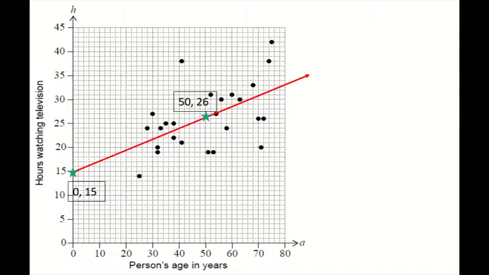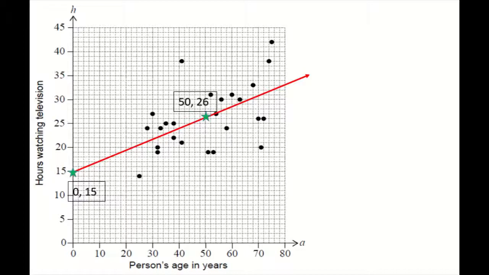It means we find the hours is 15 hours. It means, according to the regression line, a baby is expected to watch television 15 hours per week. So that's how we draw the regression line. So we have 2 points, (0, 15) and (50, 26.2), which are the values that we already found in A.